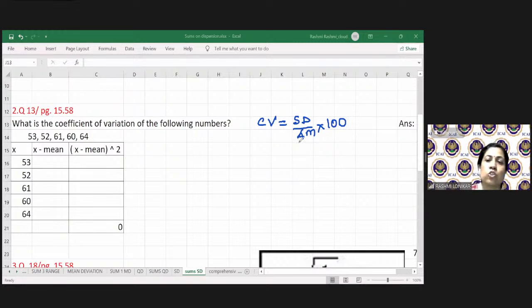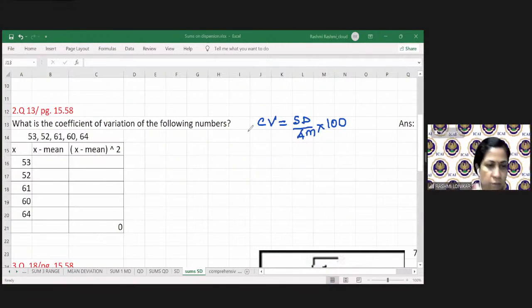So from this I must know that first I have to find arithmetic mean. Another tip I want to give you today is that always in statistics, try to find out what is the first thing I need to calculate so that I will be able to solve the sum fast. So here I have been given 5 numbers, so I have to first find the arithmetic mean.